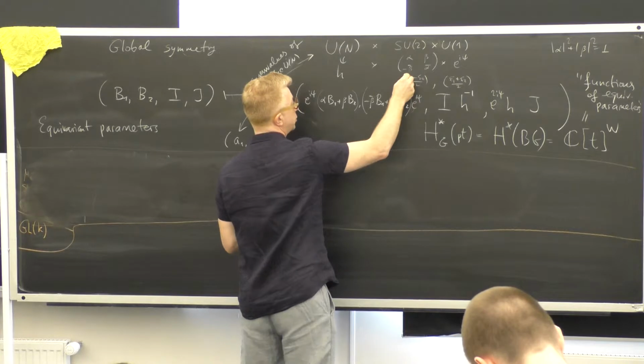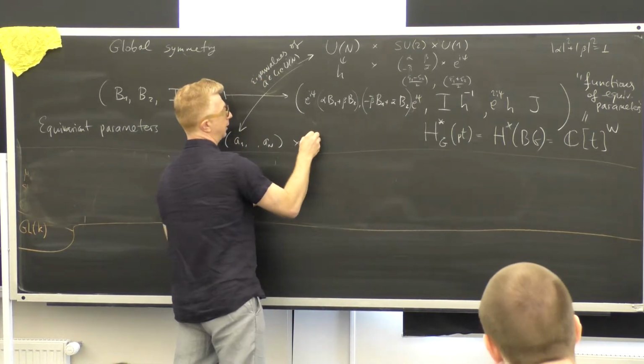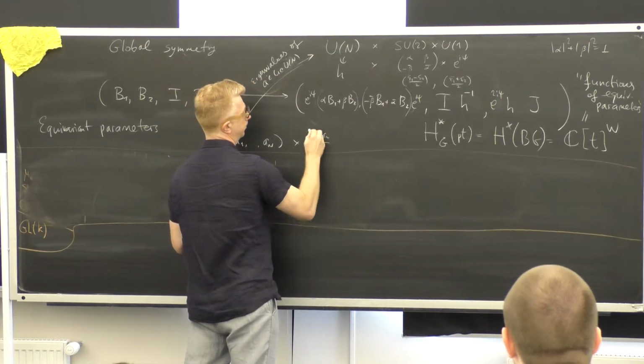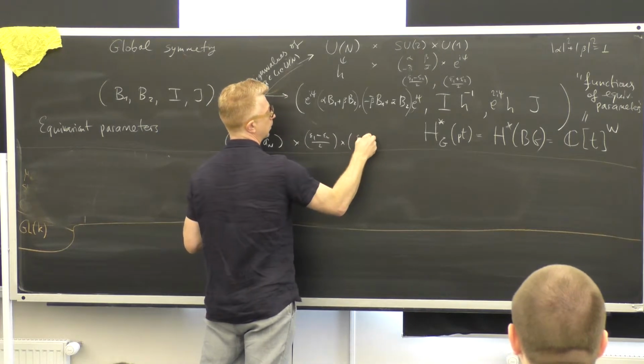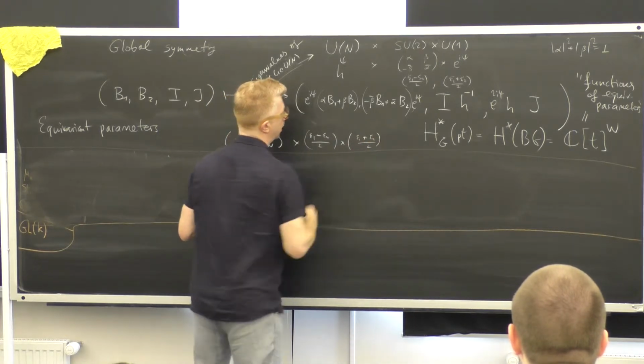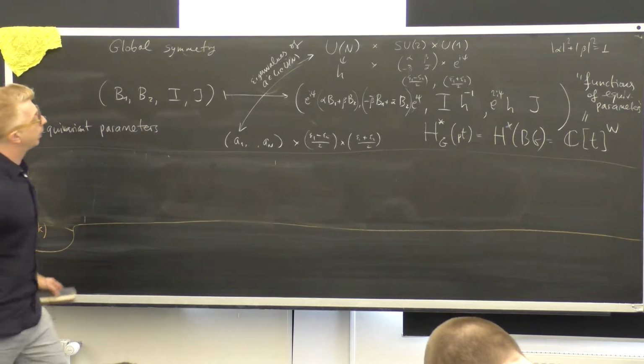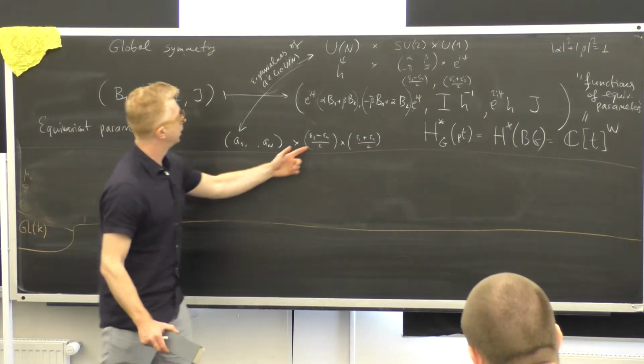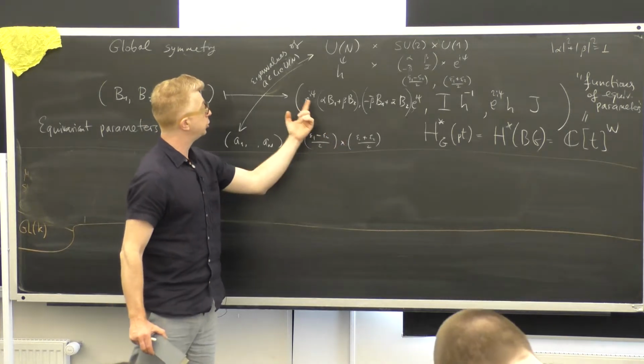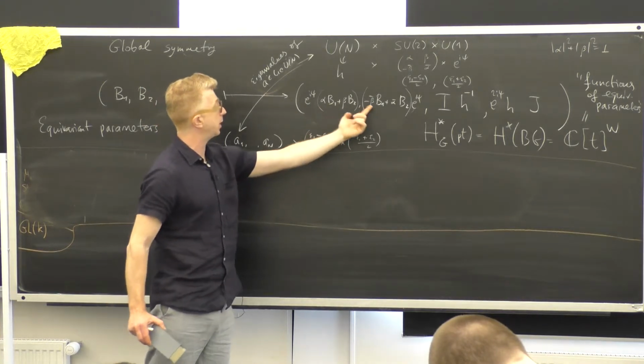So this strange notation becomes clear when you find out what these transformations generate when acting on the matrices B1 and B2.